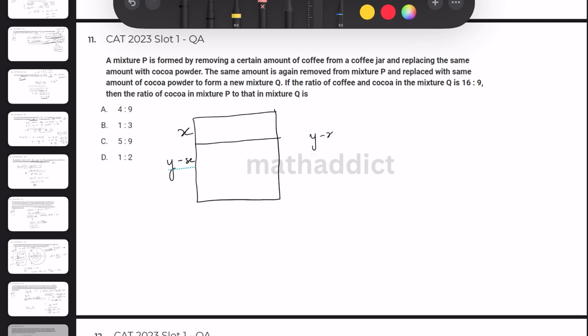So (y minus x) into x upon y becomes the new amount of cocoa powder.